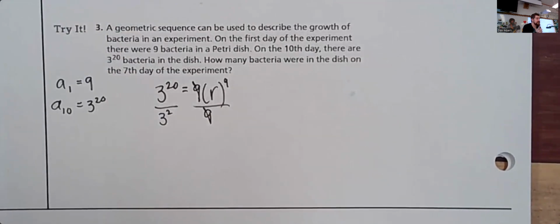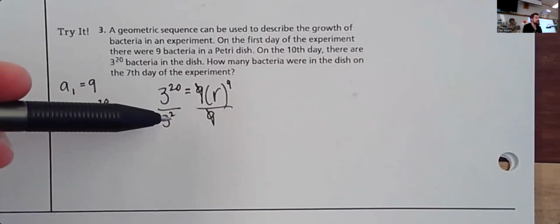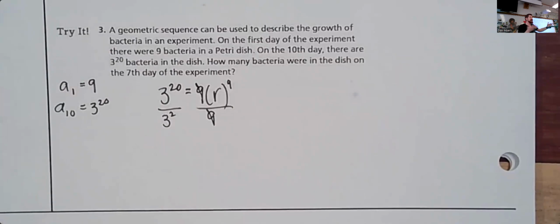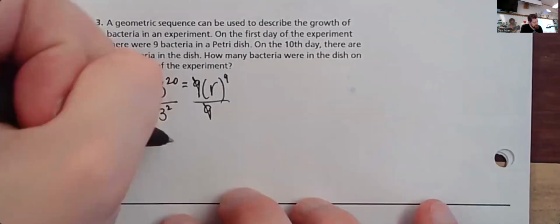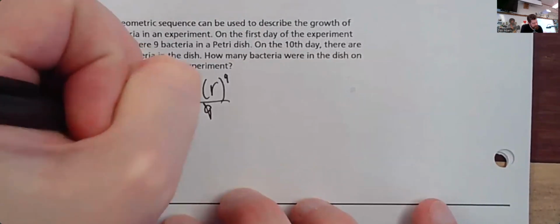You can subtract. Yeah. Exponents subtract here. So we don't actually have to multiply anything out to figure out what that big giant number is. We can just say 20 minus 2 is 18, and say 3 to the power of 18 is equal to r to the power of 9.